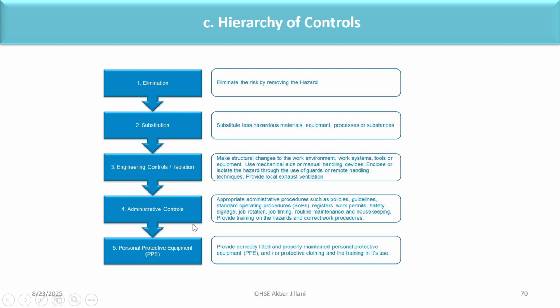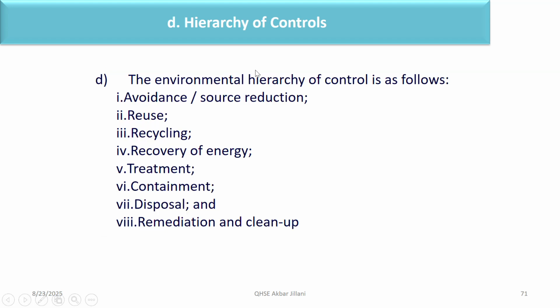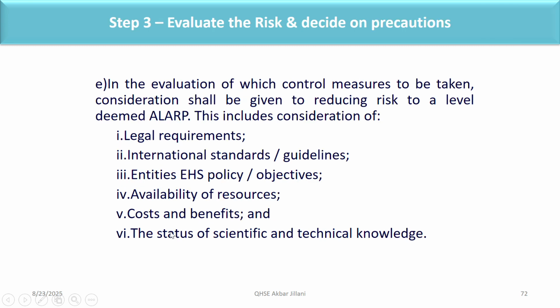Elimination, substitution, you will get this from the ADOSH system framework version 4.0. It's available in the technical guideline of the ADOSH system framework. Hierarchy of control for the environment: source reduction, reuse, recycling, recovery of energy, treatment, contaminant disposal and remediation and cleanup.